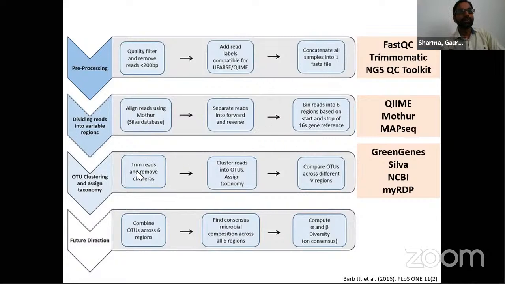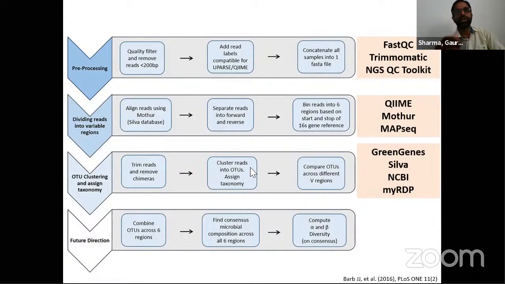And that's what we do here: we cluster reads into OTUs. So we cluster all the reads which are similar to each other into these OTUs, which are operational taxonomic units. And once we have these OTUs, we also have one representative sequence, and that representative sequence is used to assign taxonomy.